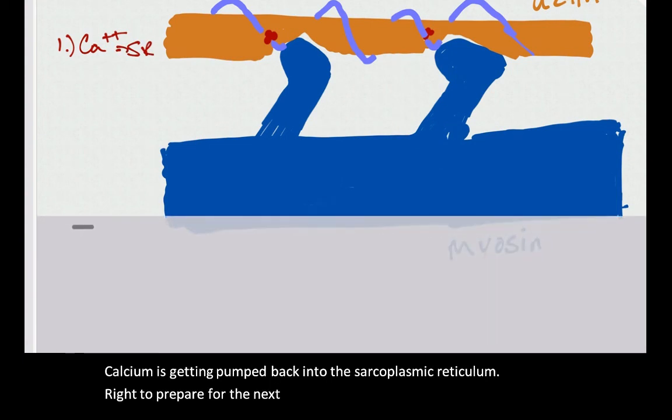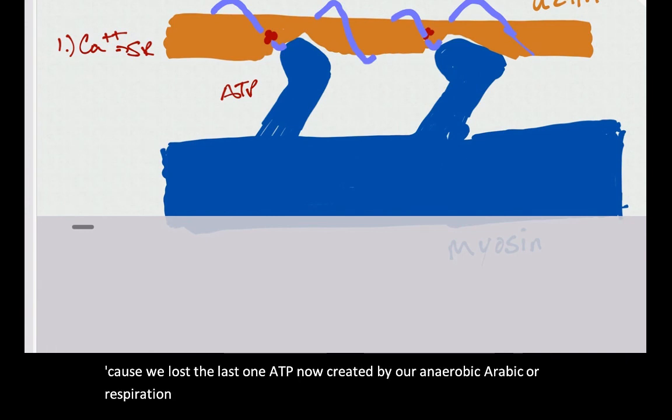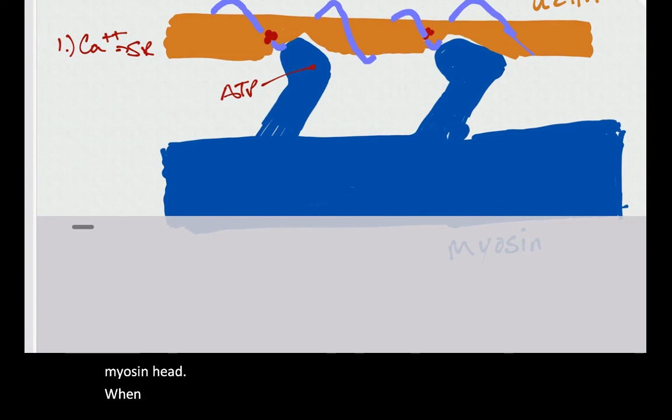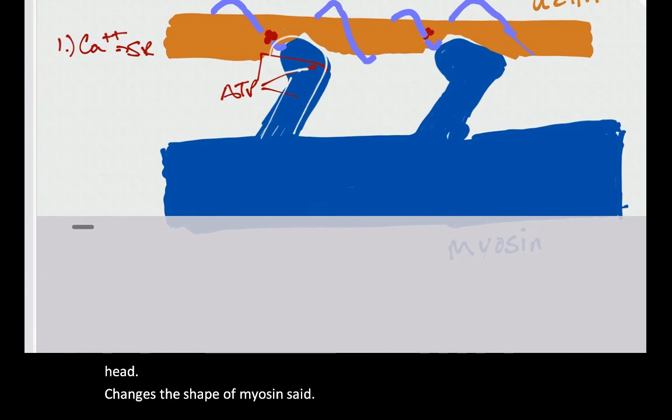Now, ATP, created by our anaerobic, aerobic, or respiration using direct phosphorylation, is going to attach to the myosin head. When it attaches, it changes the shape of the myosin head and prepares it to detach.